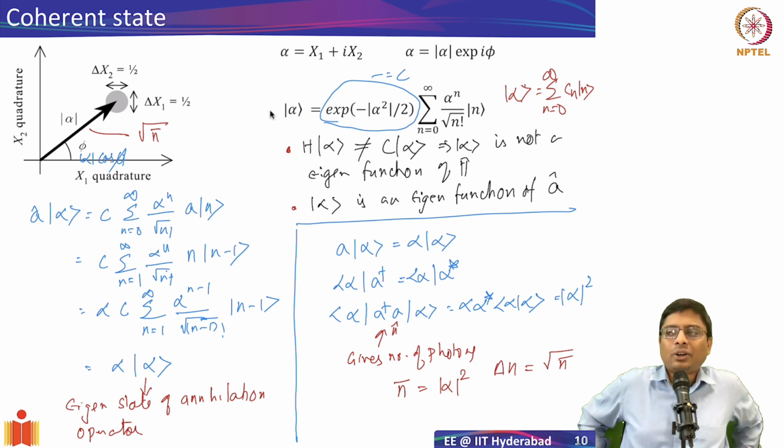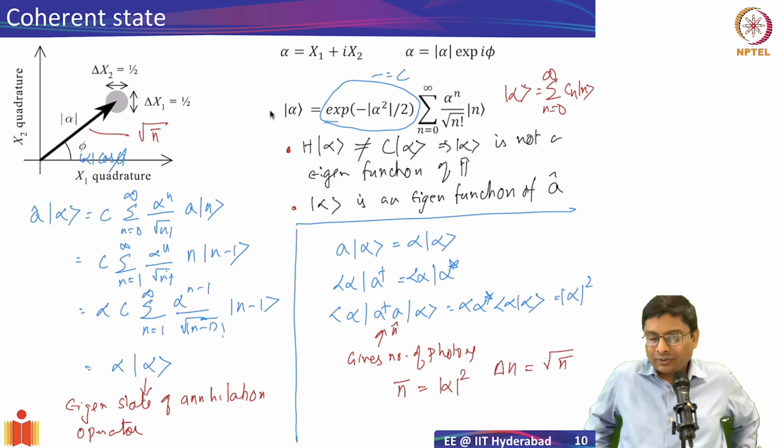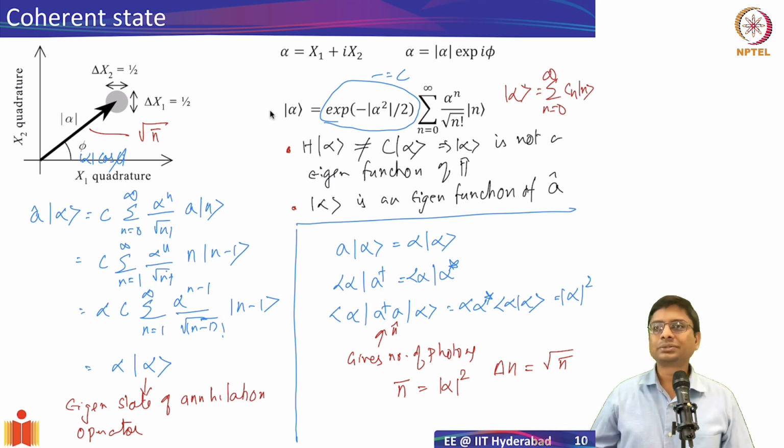All of them will add in such phase that you end up getting a perfect monochromatic wave, which has Poisson statistics and also has minimum uncertainty. This is what a laser output would be. This is the quantum theory of explaining laser output. Even in the classical case, this will give you the same thing.